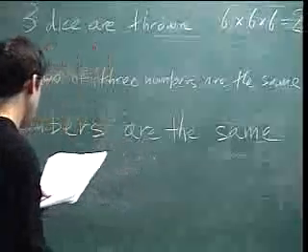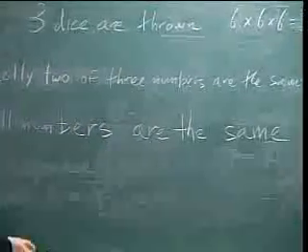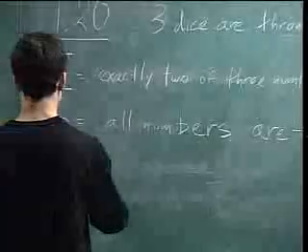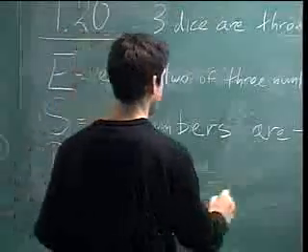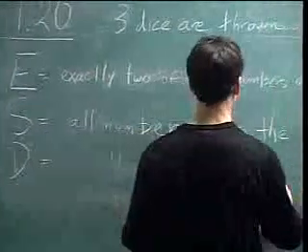And D is the event that all numbers are different.